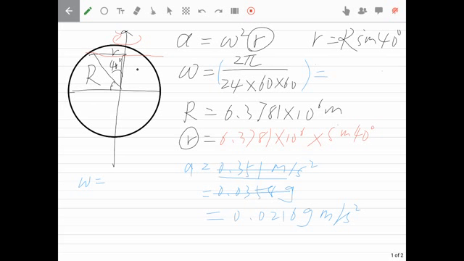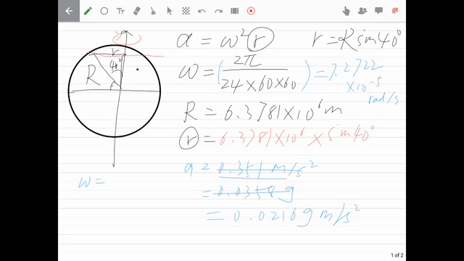In my calculator, 2 times pi divided by 60, divided by 60 again, divided by 24. So this number is 7.2722 times 10 to the power negative 5 rad per second.